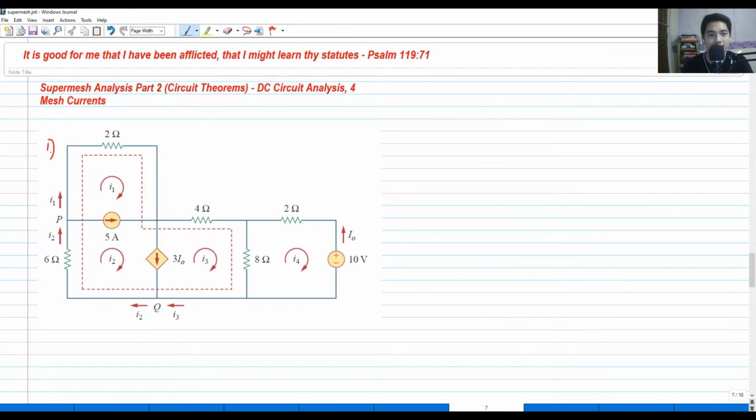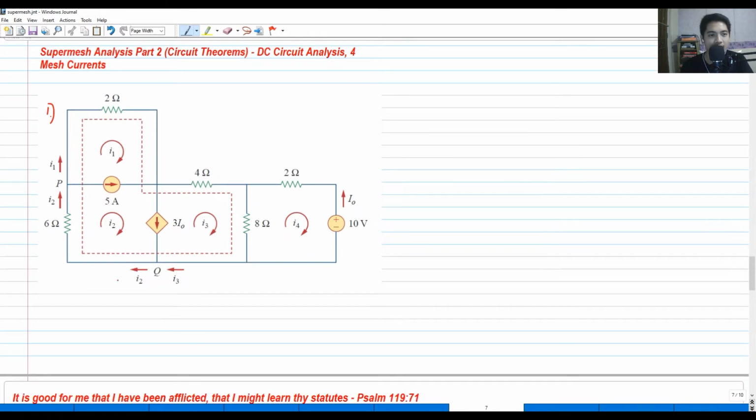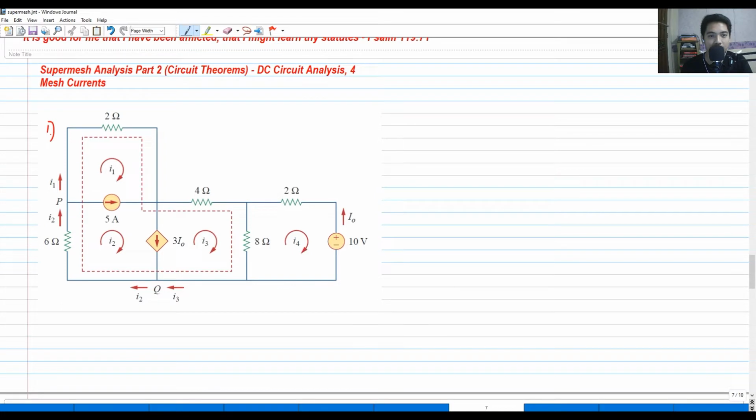So in such cases, we will be treating this circuit as if we are going to remove the 5 amperes, we are going to remove this 3I sub O, and perform still a KVL on these 3 meshes. It is as if we are going to remove these and write the equations by mesh I sub 1, mesh I sub 2, and mesh I sub 3, just like what we did on our previous video.